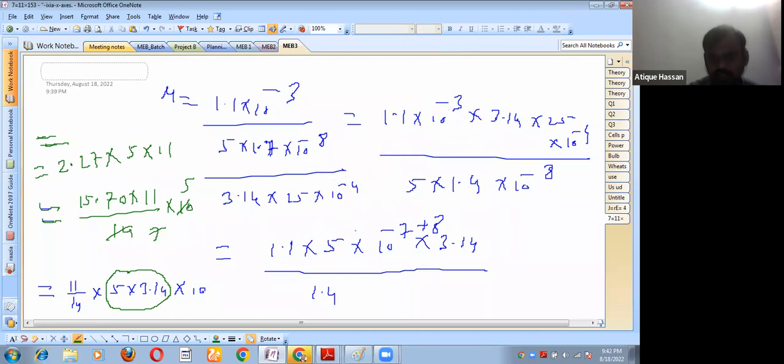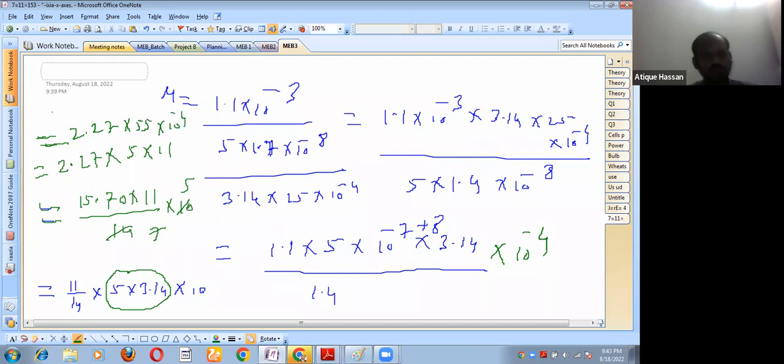It is already there, minus 7. We have calculated the power. Then we have power minus 4 here. We had missed the 10 to the minus, so in the answer you will also get 10 to the minus 4.